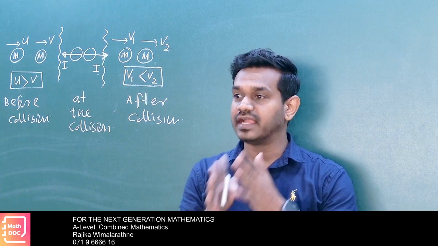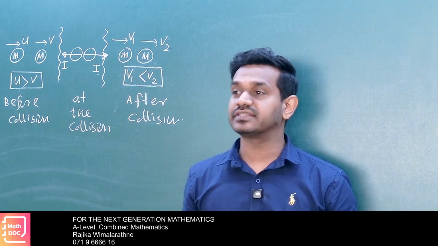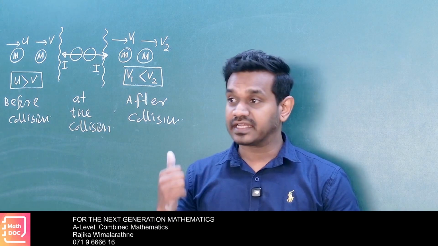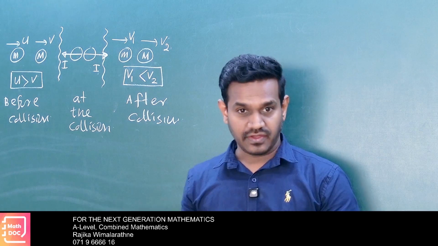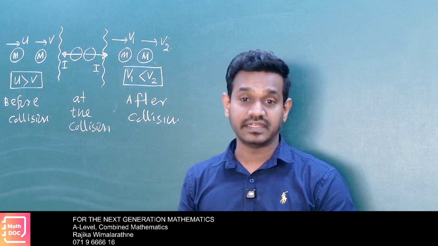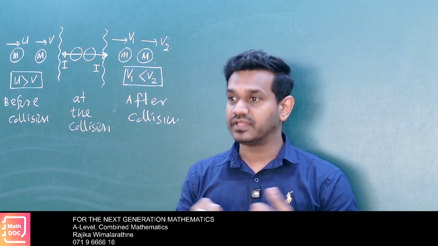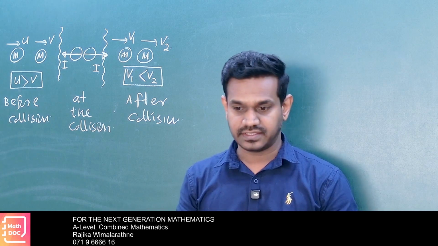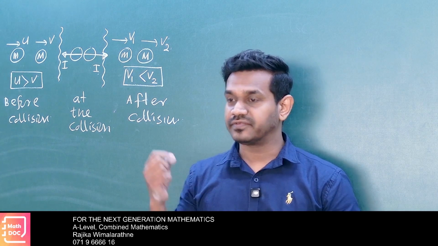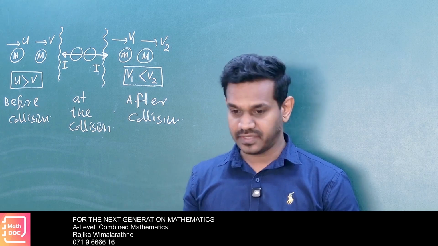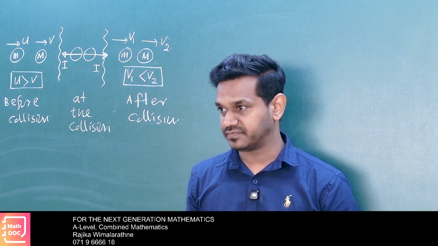If the total kinetic energy is conserved, then it is said to be a perfectly elastic collision. If the total kinetic energy is lost, then we say that is a perfectly inelastic collision. So if kinetic energy is conserved, we say perfectly elastic collision.